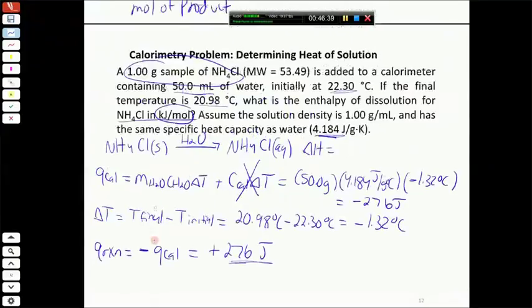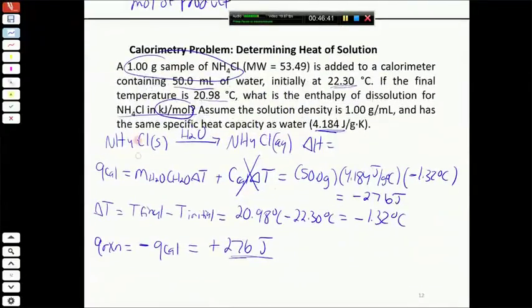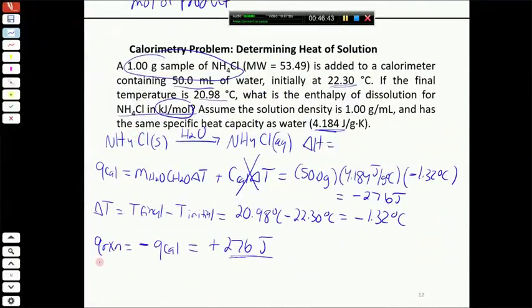If we have the mass, we can get the number of moles pretty easily. So delta H is going to be the heat of the reaction divided by the moles of NH4Cl, and that'll give us joules per mole.